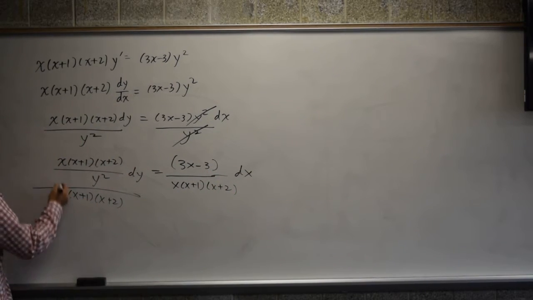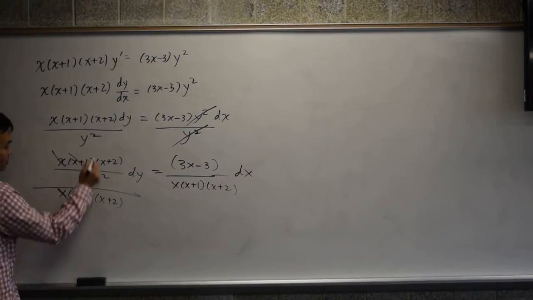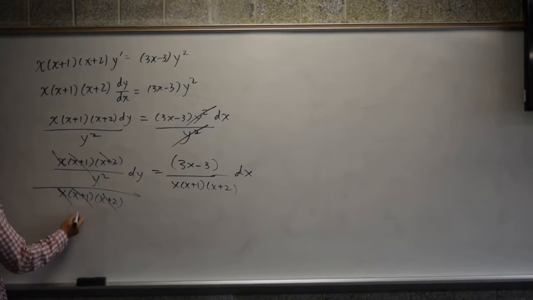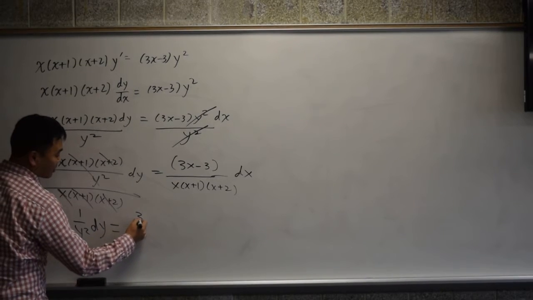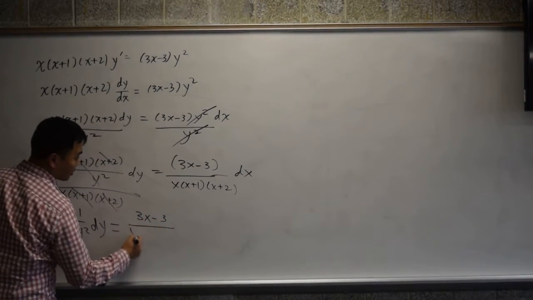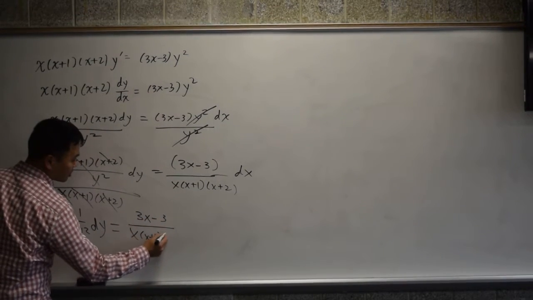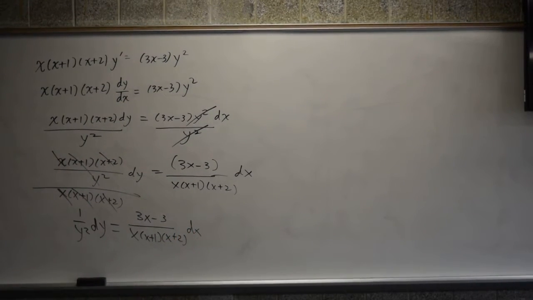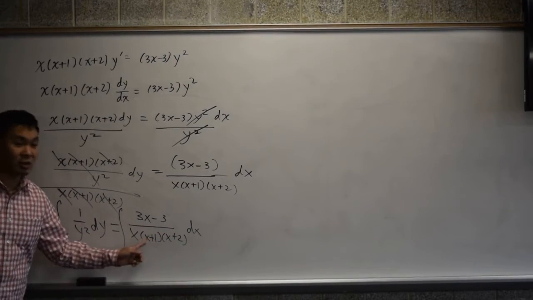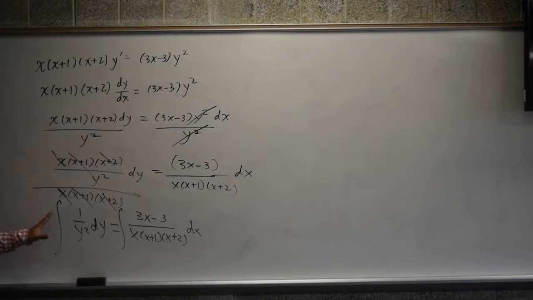And so these cancel, leaving you with 1 over y squared on the left, whereas on the right side you have (3x minus 3) over x times (x plus 1)(x plus 2) dx. Great. Okay? And now you can integrate both sides. And that's perfectly normal because you have y with y only, x with x only. Only then you're allowed to integrate.